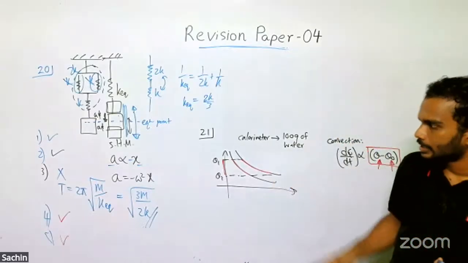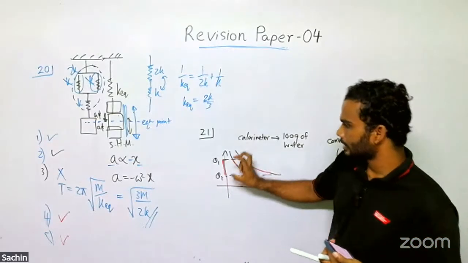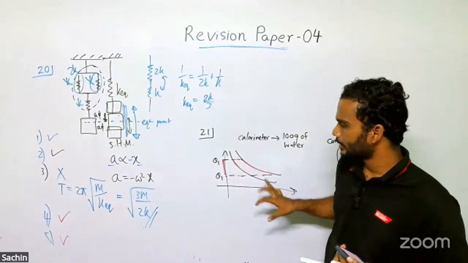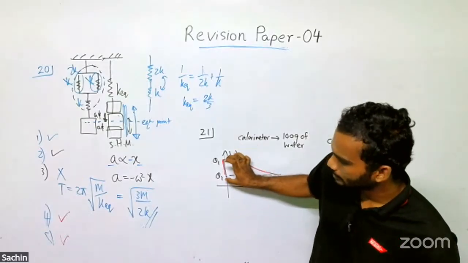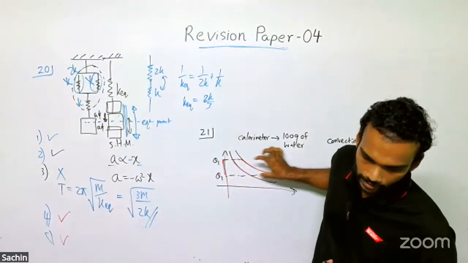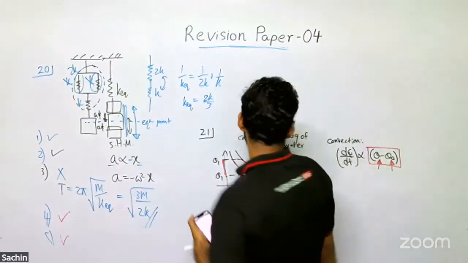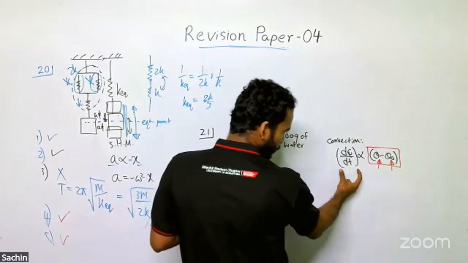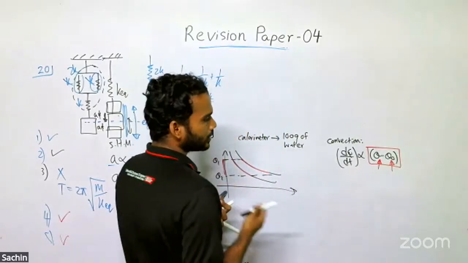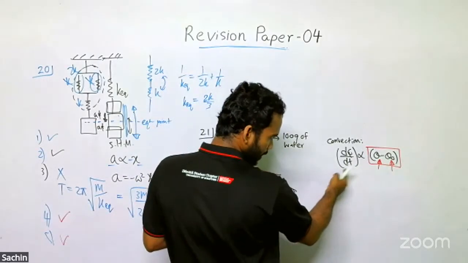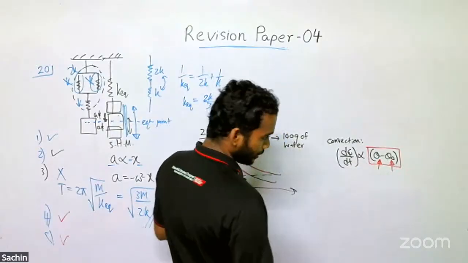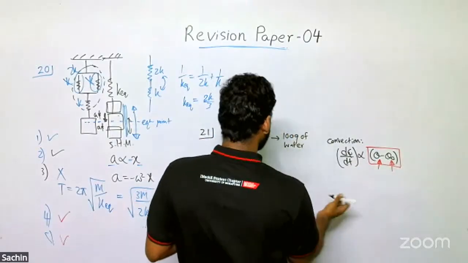I mean, there are two ways. In one way, they consider the time taken to lower the temperature by the same amount for both curves. So when you consider the same temperature range, the rate of heat loss for both cases should be equal, because the rate of heat loss only depends on the excess temperature.